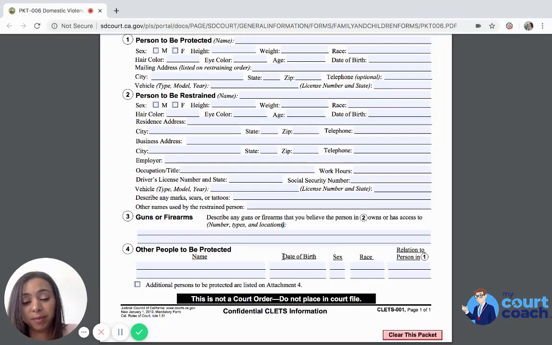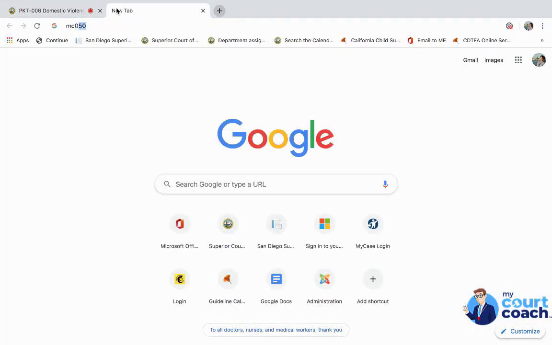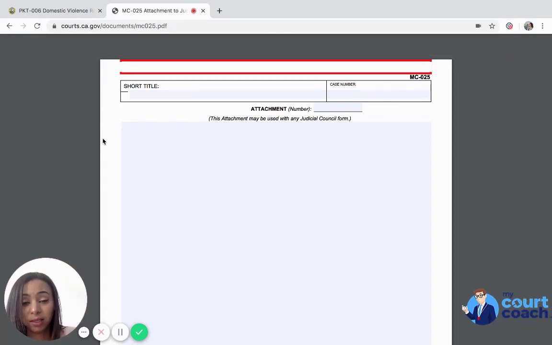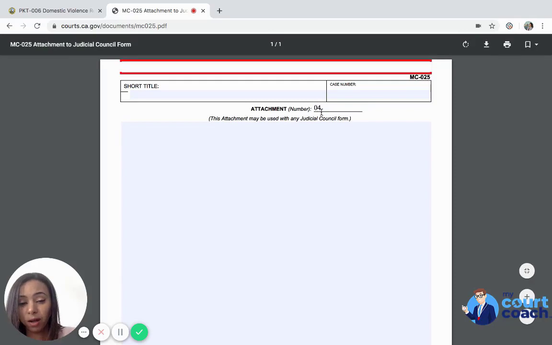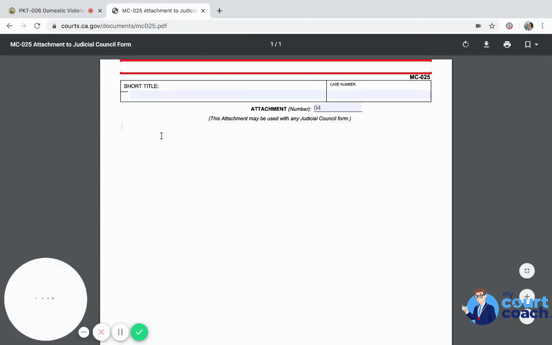Now, additional persons to be protected. So if you have more than 2 individuals, then you are going to attach what they call an attachment form. And this is the attachment form that you can obtain from the court's website. So you can just write 04 and add in that it is other people to be protected.